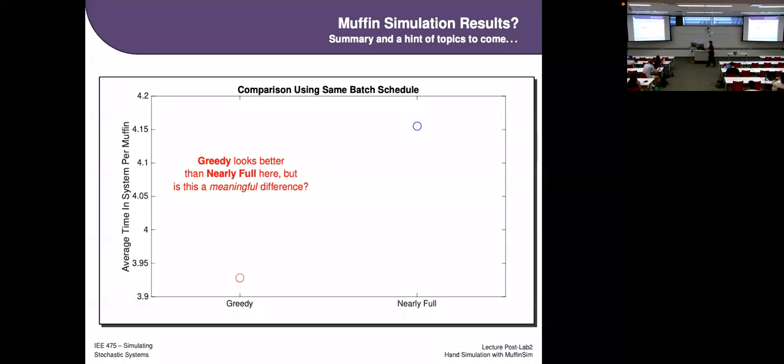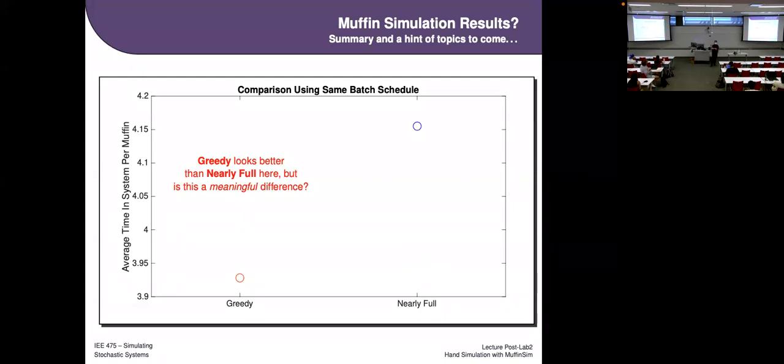So what you guys did, though, is I gave you that arrival rate. I said this is how many muffins are arriving, and you tested both a greedy policy and a nearly full policy.